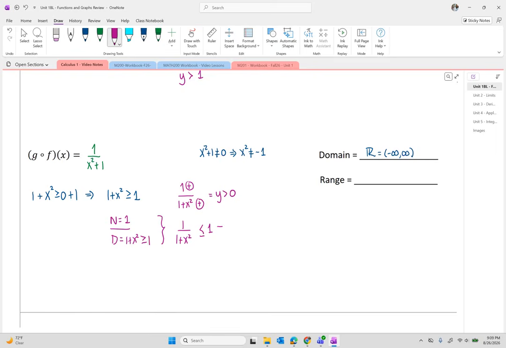So that means that y is also less than or equal to 1. So the range here is the y values such that y is greater than 0 and less than or equal to 1. And in interval notation, this is written as open at 0, 1 closed.